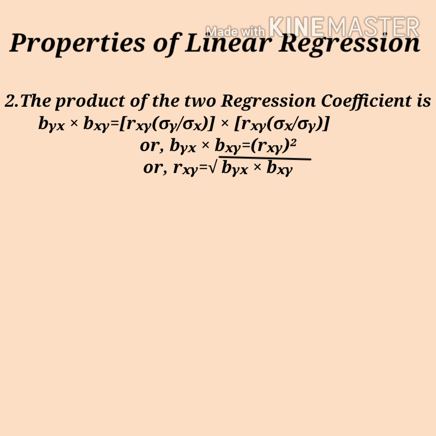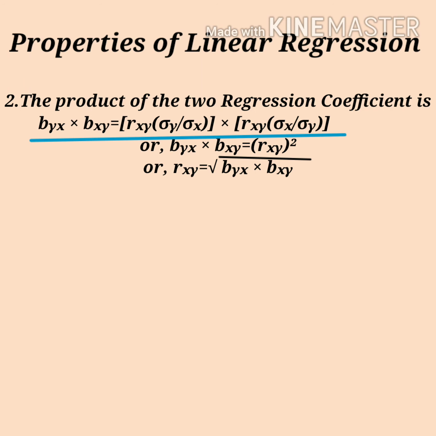Now the second property of linear regression is that the product of the two regression coefficients is equal to the square of the correlation coefficient. It means b_yx into b_xy will always be r_xy square. So we have b_yx into b_xy equal to r_xy into sigma y by sigma x into r_xy into sigma x by sigma y.